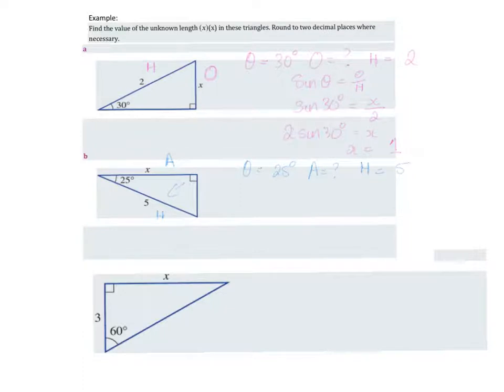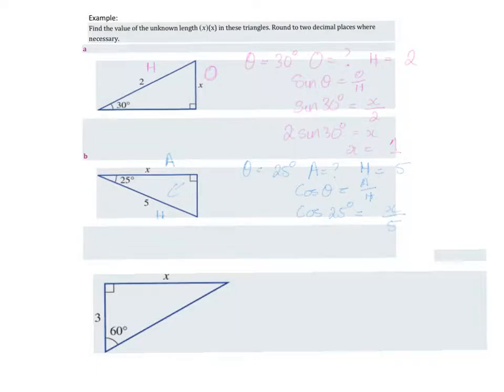So again, we ask ourselves, what is the rule or the ratio that we can use? SOHCAHTOA. Angle adjacent hypotenuse would have to be cosine, or cos theta is equal to adjacent over hypotenuse. Notice how I keep writing the rule so I remember, and now I'm going to substitute in. So I get cos of 25 degrees is equal to the adjacent, which is x over 5.